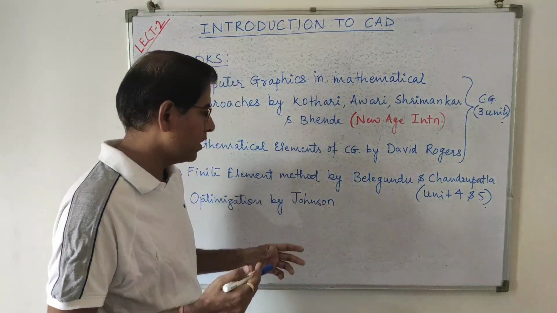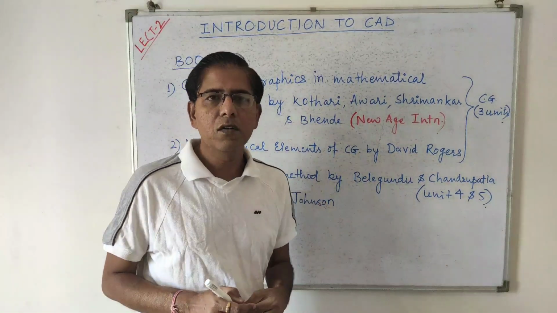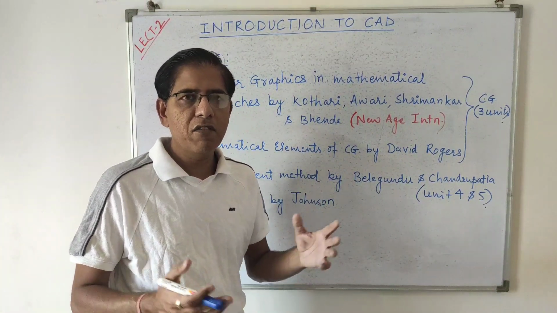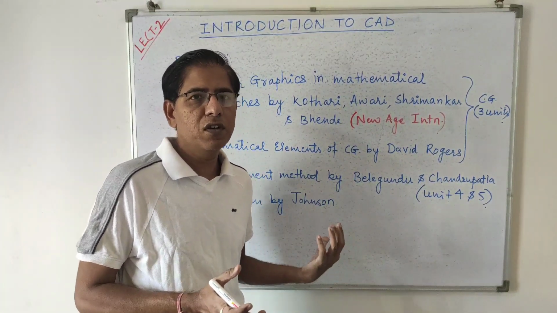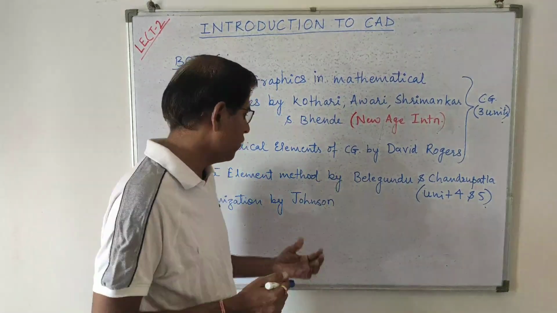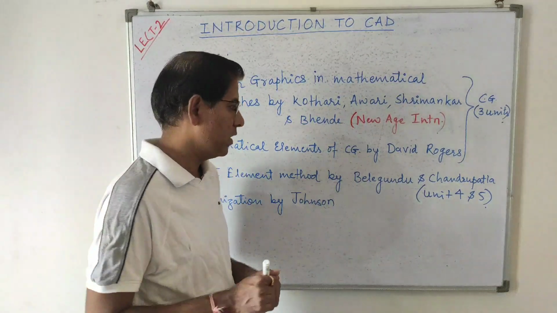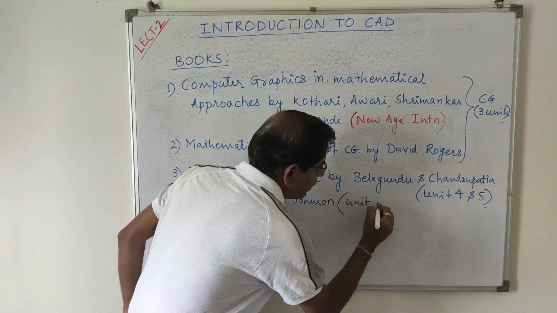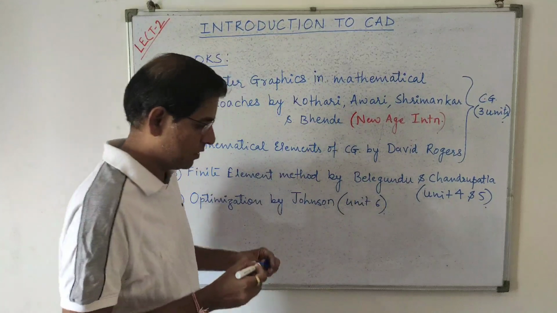So you can take the Xerox of this copy. Actually, we have arranged a Xerox copy of this book in our library, so you can take the Xerox of this book. Okay. And this is basically useful for unit number 6.